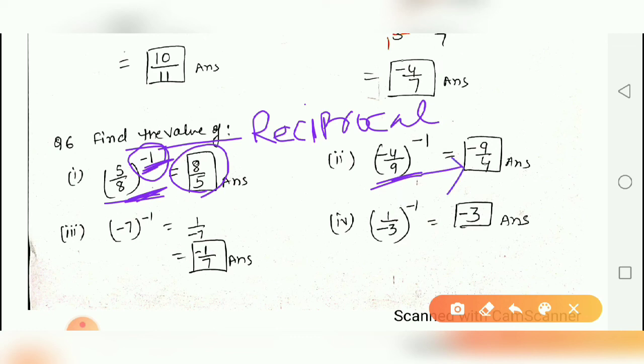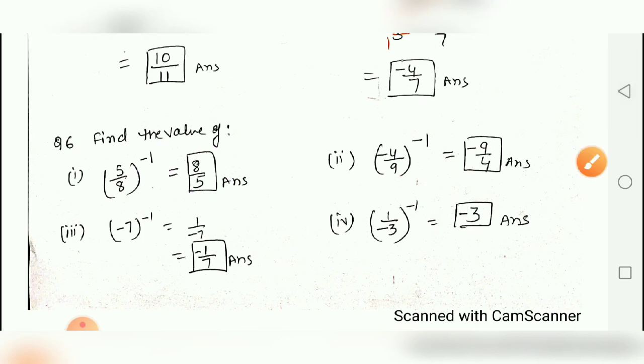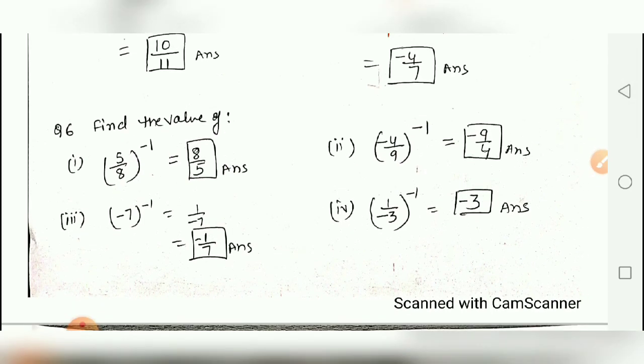So that will be 9 upon negative 4. And we cannot write negative in the denominator, so we will change the denominator to positive, and we will multiply numerator and denominator by negative 1 and get negative 9 by 4 as an answer.